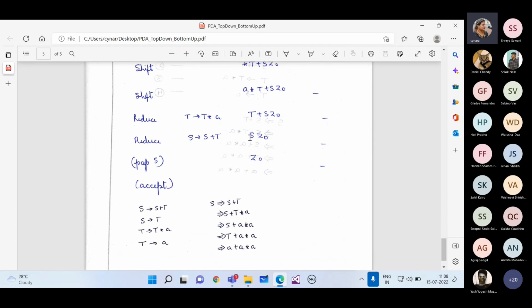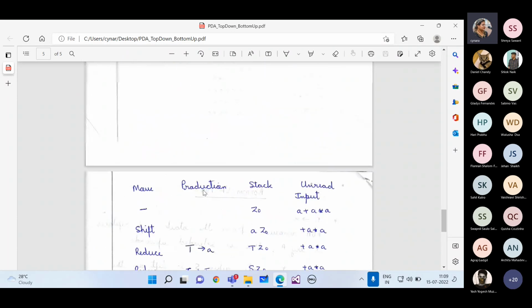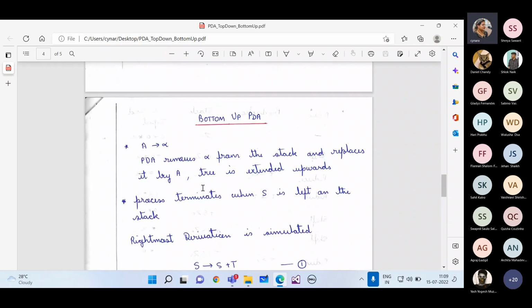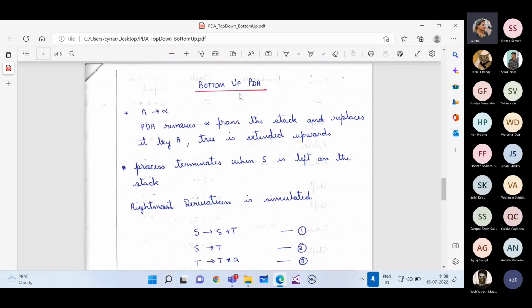And then you finally write the start symbol, that means the production S giving S plus T. So you write S. From here you see that it has already led to the start symbol. Then you can pop the element out from the stack, leaving Z0 on the stack and saying that the input has been accepted. So this is your bottom-up PDA.